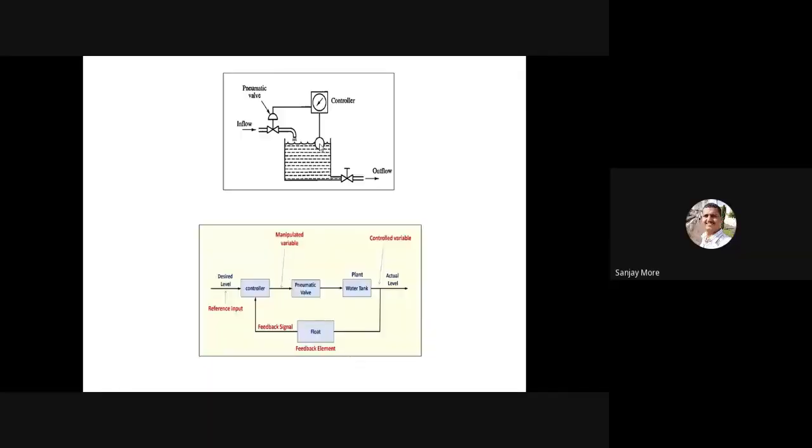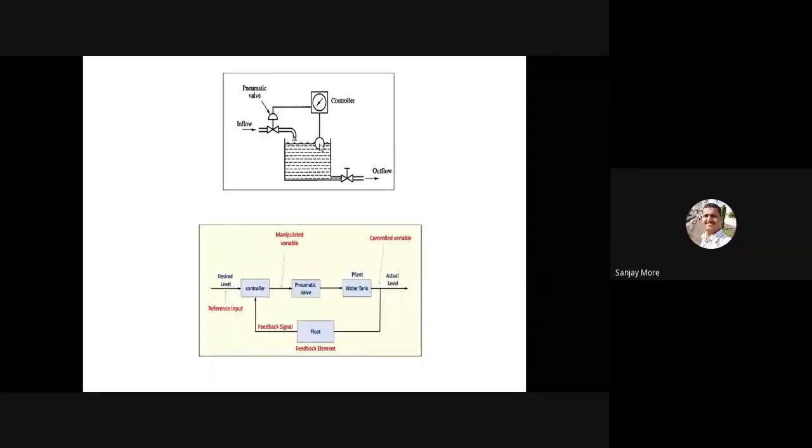Okay. So this upper diagram displays the water level control. Here is the inflow, the pneumatic valve, and a bulb or hollow ball to indicate the water level and give a signal to the controller to shut off the pneumatic valve and stop the flow.